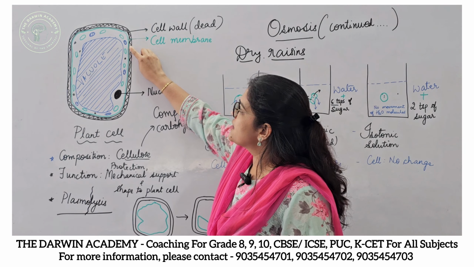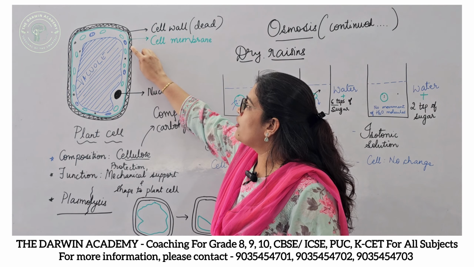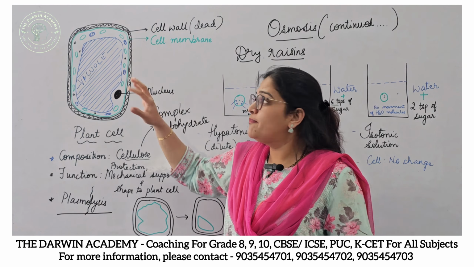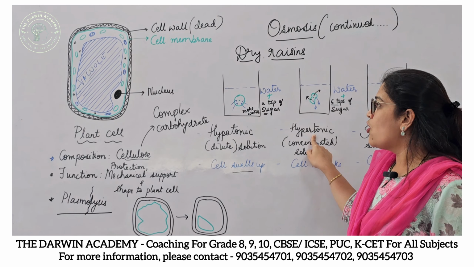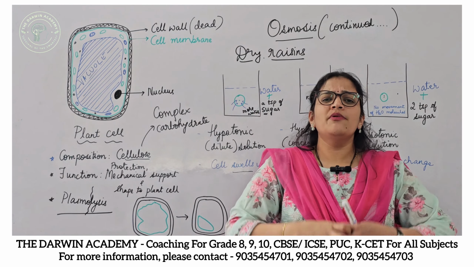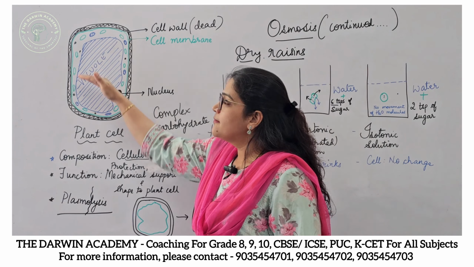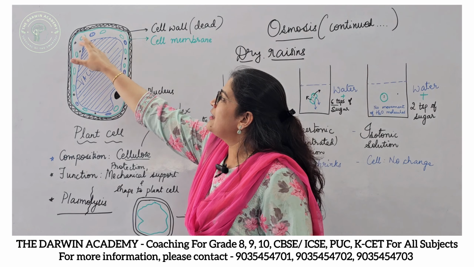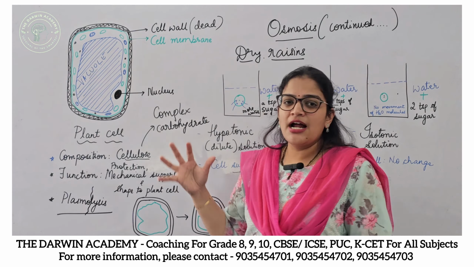Initially, the cell membrane is very close to the cell wall. If I place this cell into a hypertonic solution for a long time, then the water from this cell is lost. There is so much water lost from the plant cell that the cell membrane will start tearing away from the cell wall. That diagram I have drawn here.